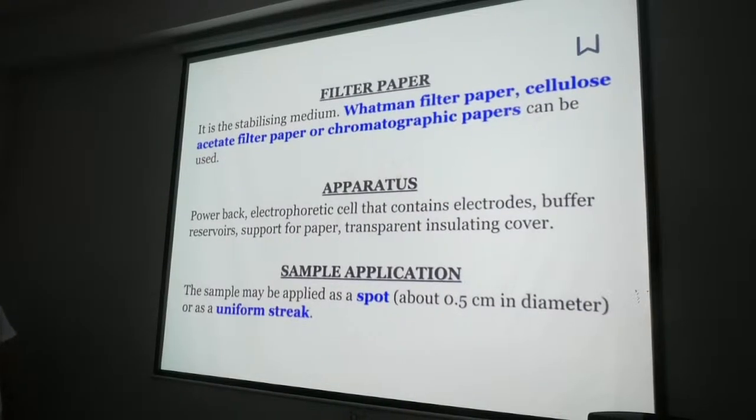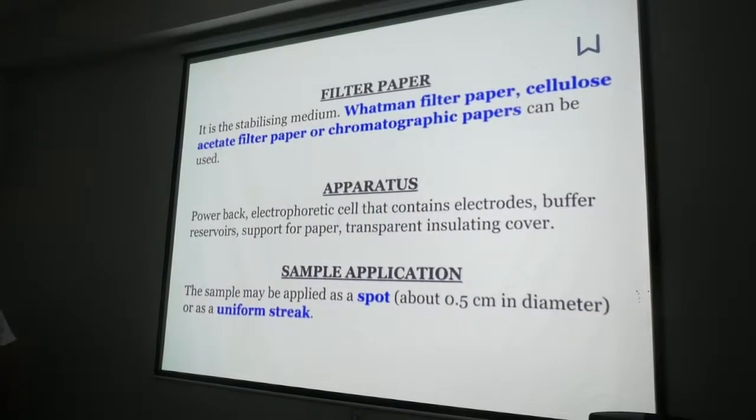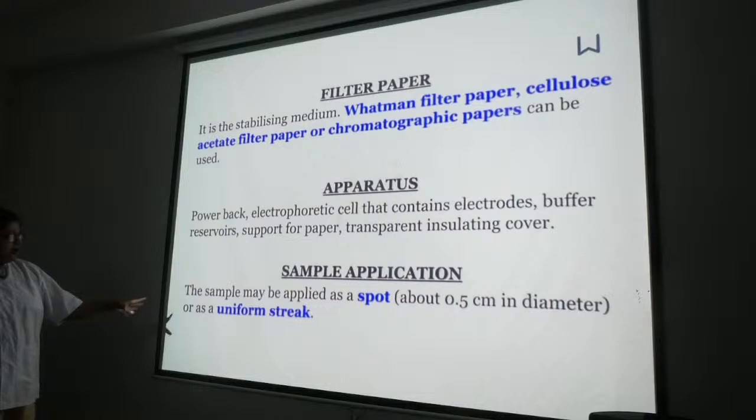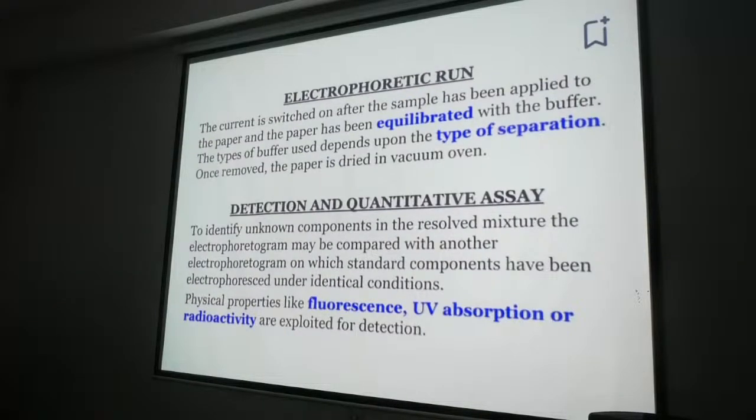Filter paper is the stabilizing medium. Whatman filter paper, cellulose acetate paper, or chromatographic paper can be used. Apparatus: power pack, electrophoretic cell that contains electrodes, buffer reservoir, paper support, transparent insulating cover. Sample application: the sample may be applied as a spot or as a uniform streak.